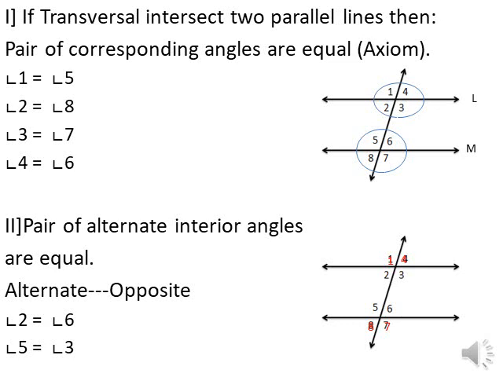If I try to lift the second circle and paste it on this, then angle 1 will exactly fit on 5, angle 8 will exactly fit on 2, angle 6 will exactly fit on 4, and angle 7 will exactly fit on 3. So it implies if they exactly fit, they will be equal. So here angle 1 equals 5, angle 2 equals 8, angle 4 equals 6, angle 3 equals angle 7.